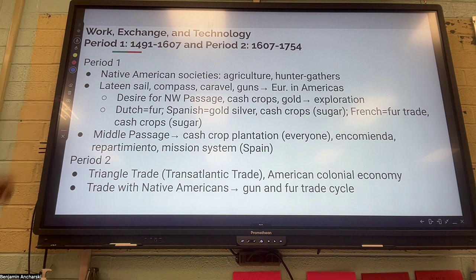But at the same time, we saw that the Spanish system's a little different. We do see similar types of labor, like in the encomienda system, but anyone remember what the difference between the Spanish labor system and the English one? Like we see these kind of slave labor going on here, but Spanish, what do they do? Yeah. So we see the people that are kind of already there are being subjugated.